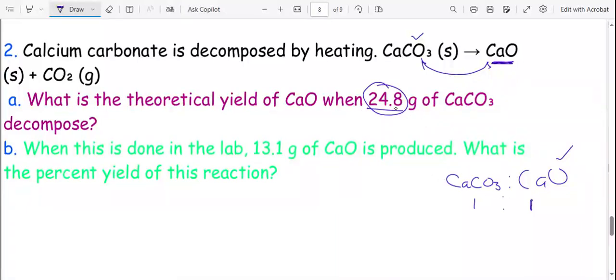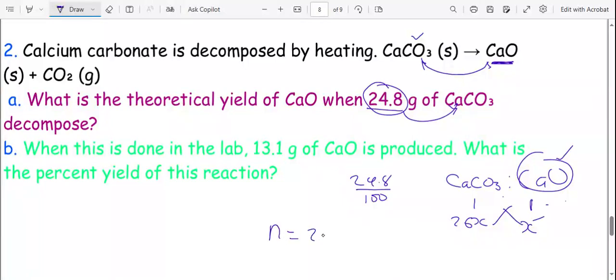So I'll get the moles of calcium carbonate by saying 24.8 divided by 100, the molar mass of calcium carbonate. Let's say you get a value, say 2.6 moles, I'm just giving an example.